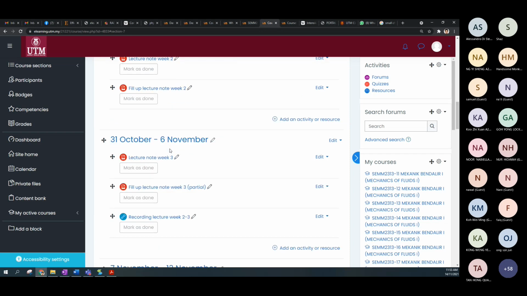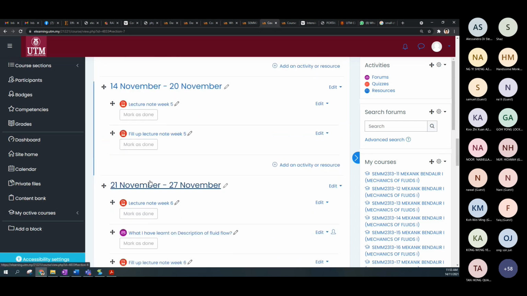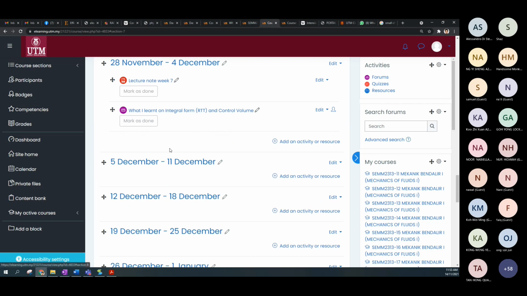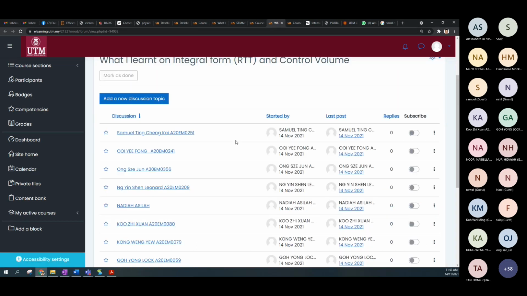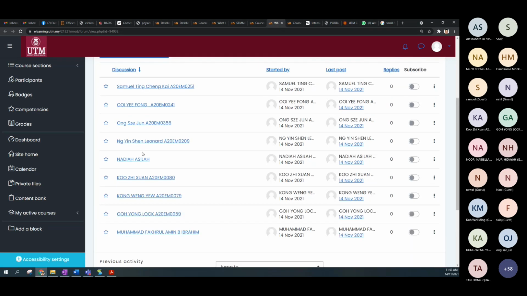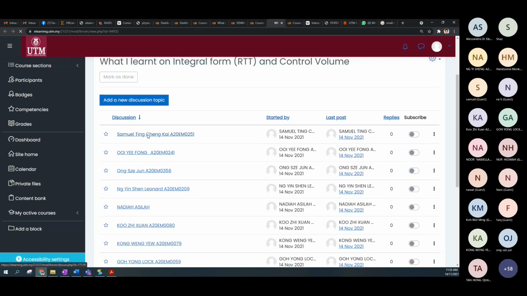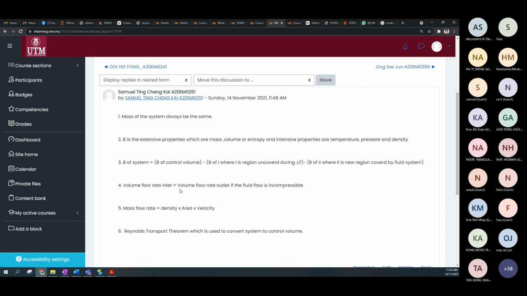Okay, let's see section 13. What I've learned. Wow, we have so many. Let's see Samuel. Wow, this is good. So many that you have learned, Samuel. Mass always the same, conservation of mass.